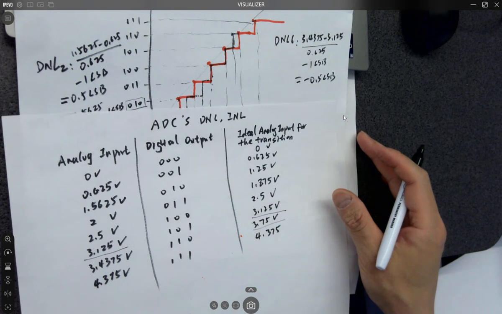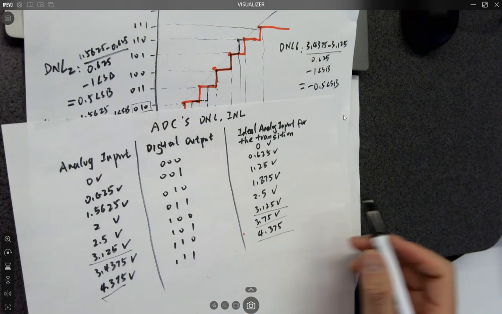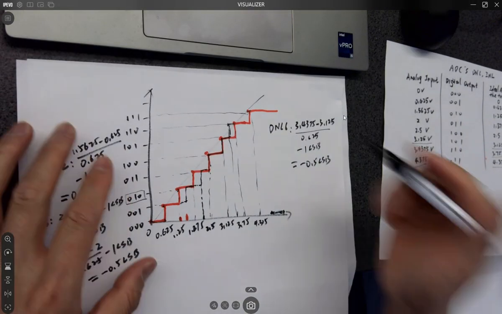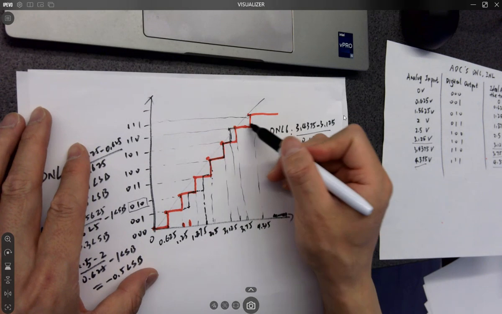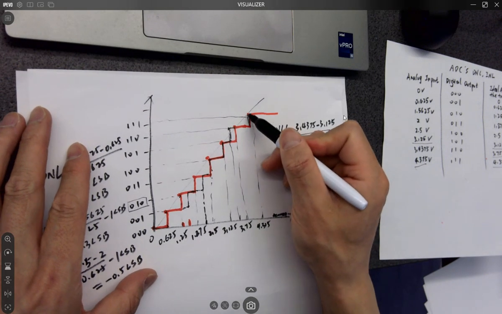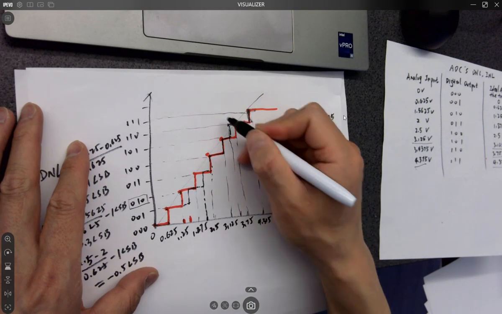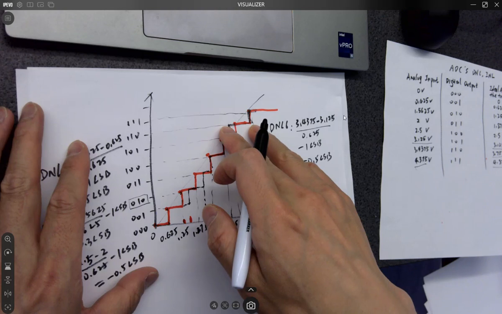And eventually, it's both this, but the thing is the last one got delayed, so there will be another DNL. Even though they both happened here, transition happens here, no problem. But the step size is different from the ideal one.